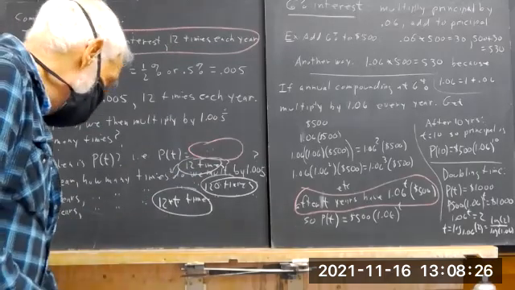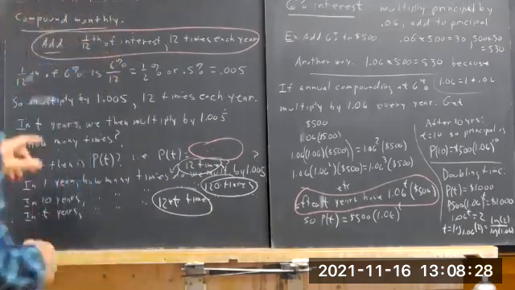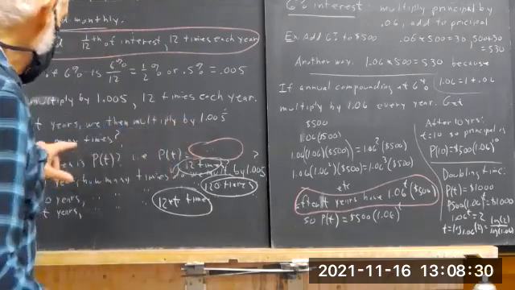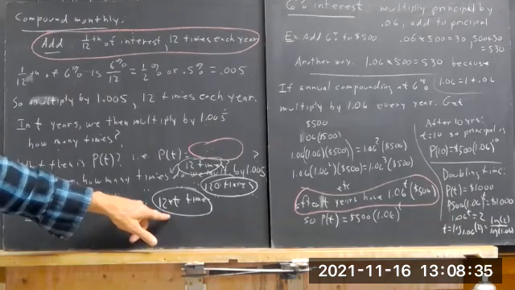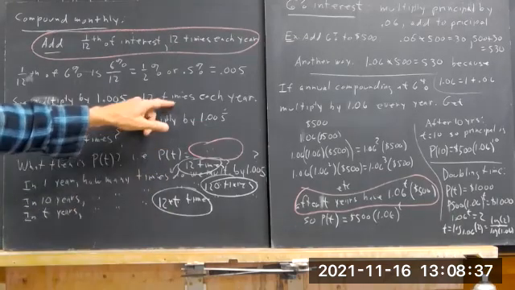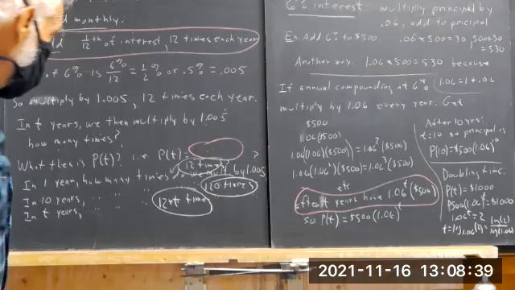So we multiply by 1.005, how many times? We've actually got the 12t, right? We multiply by 1.005 12t times.